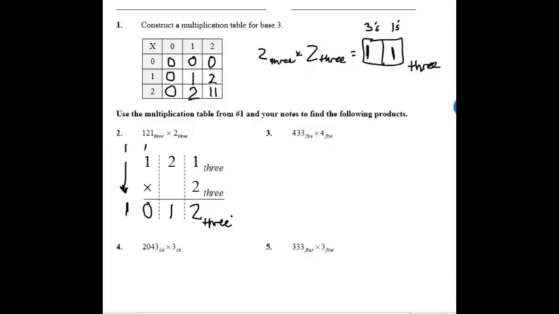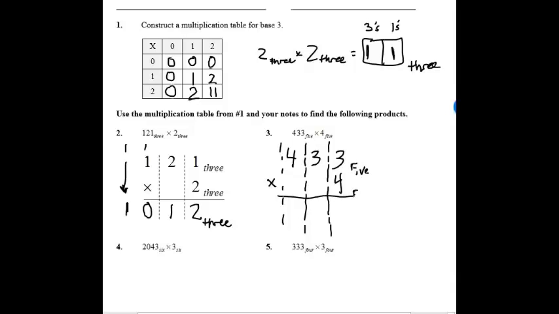For number 3, realistically, we don't need to construct multiplication tables for each of these. I want to make my place divisions to keep everything nice and organized, and also remind myself that I'm not in base 10.